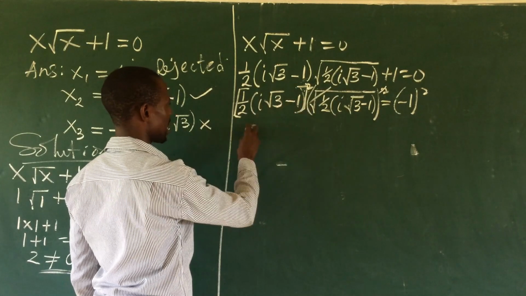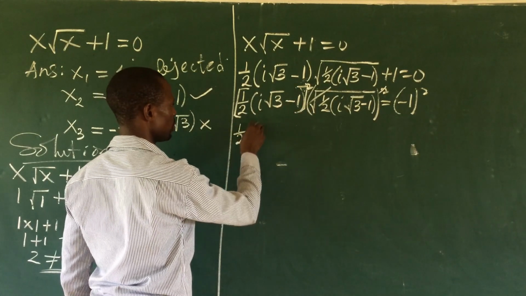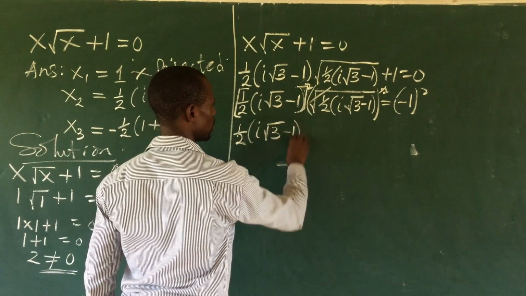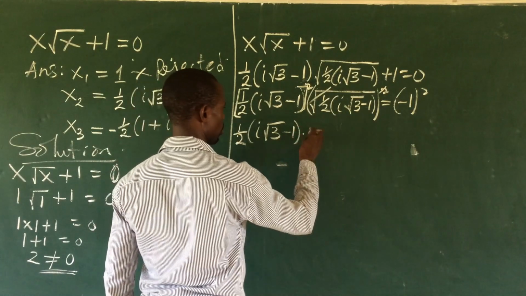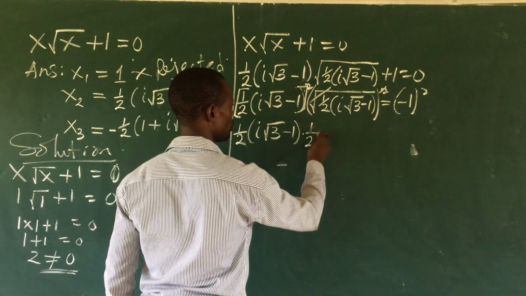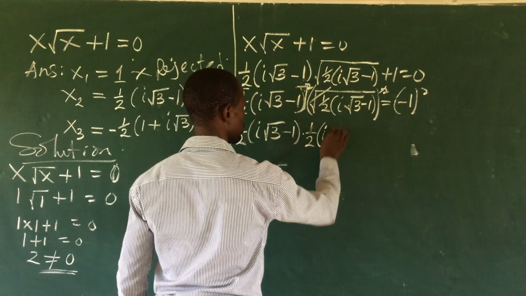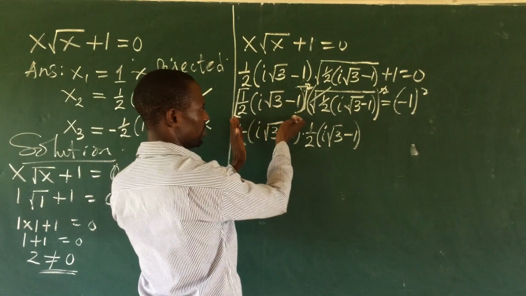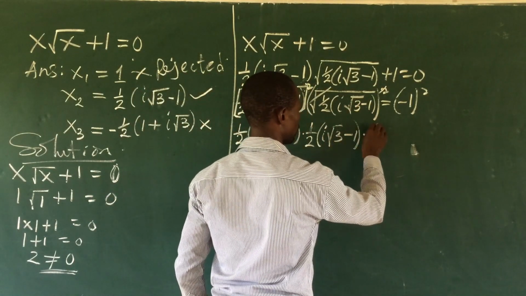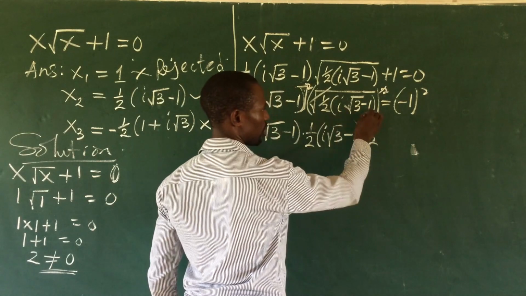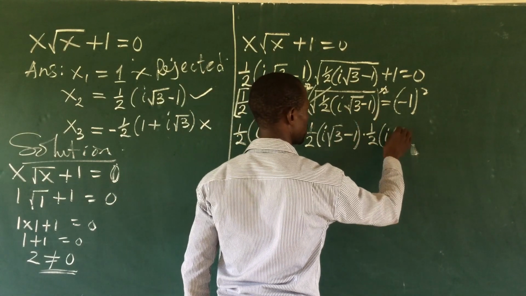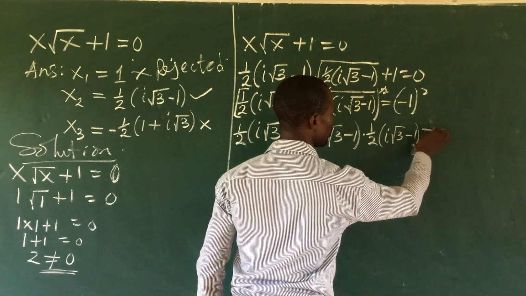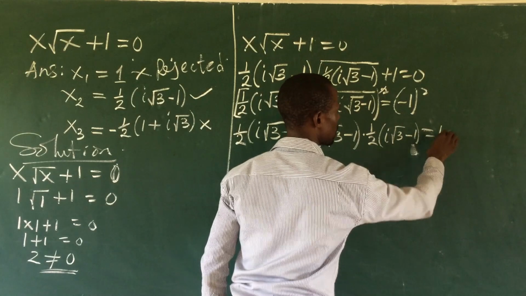So we can express this out as 1 all over 2, bracket, iota, square root of 3 minus 1, close bracket, then dot, 1 all over 2, bracket, iota, square root of 3 minus 1, close bracket. That's for this. Then here, dot, 1 all over 2, which is what we have here now, bracket, iota, square root of 3 minus 1, close bracket, equal to, the square of the square root of minus 1 is 1.